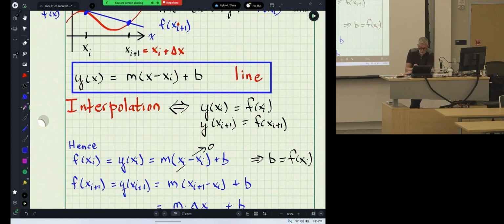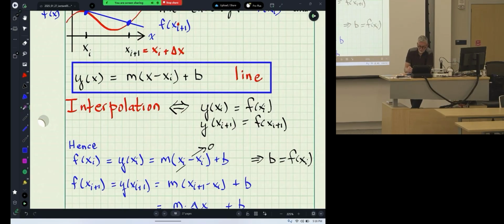This function y of x is said to interpolate our function f if they agree on the two endpoints here, xi and xi plus 1.